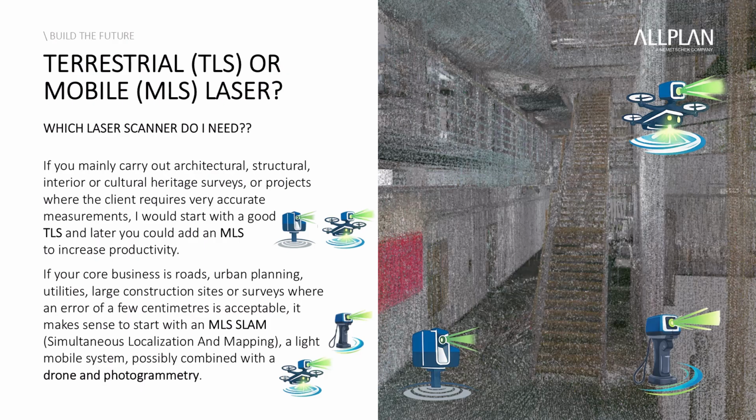On the other hand, if the main focus of my daily work involves large areas such as roads, construction sites, and so on, then it is likely that the specific solution that best suits my needs is a mobile solution.